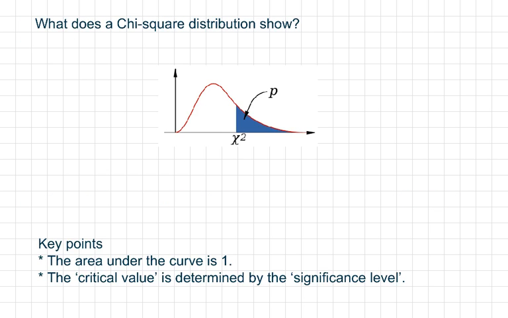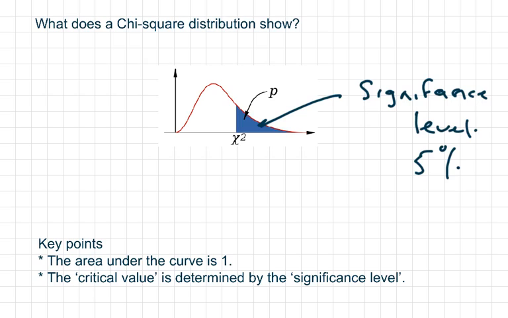So what does the chi-square distribution show? Well, when we've looked before, when you've been testing the probability, you'll notice the blue area here. This is the significance level. To do a chi-squared test, you're usually going to set a significance level of about 5%.